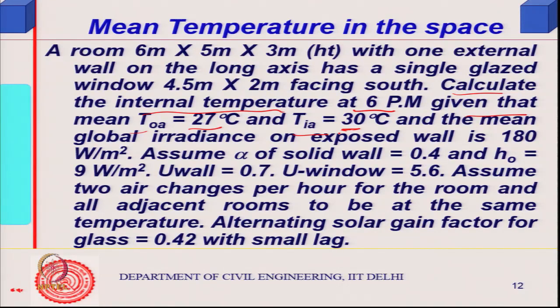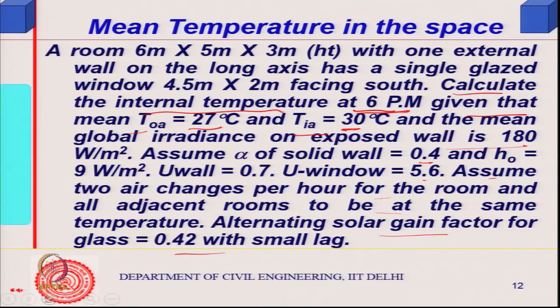The mean global irradiance on the exposed wall is 180, assume alpha of the solid wall is etc., these are all the same, 2 air changes per hour, and the alternating heat gain factor for glass is 0.42 with small lag. So, all things remaining the same. Now, I want to calculate the temperature at 6 p.m.